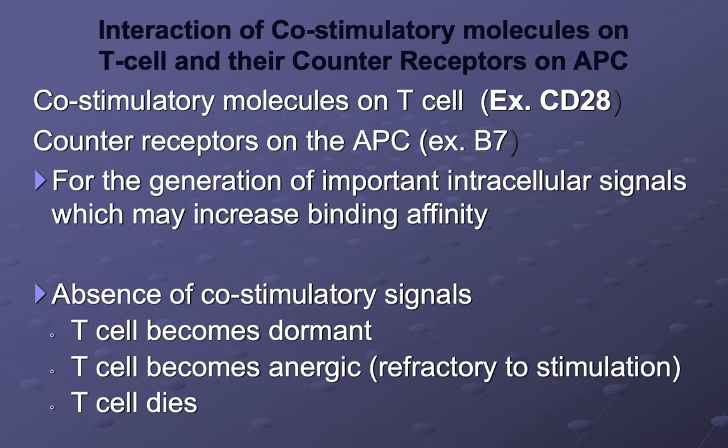They may become refractory to stimulation, meaning even if there are enough stimuli in their microenvironment, they will not continue maturing. They will not really proceed with effector differentiation, and in some cases they will die. No?